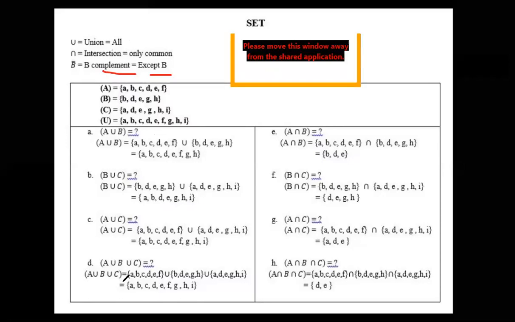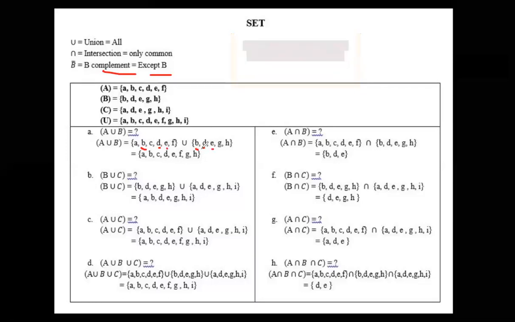If you look properly, you can see B is repeated, D is repeated, and E is also repeated. If they are repeated, write them down only one time.